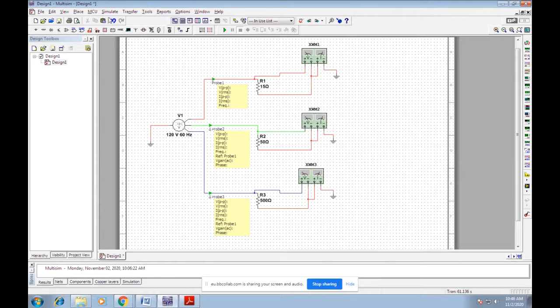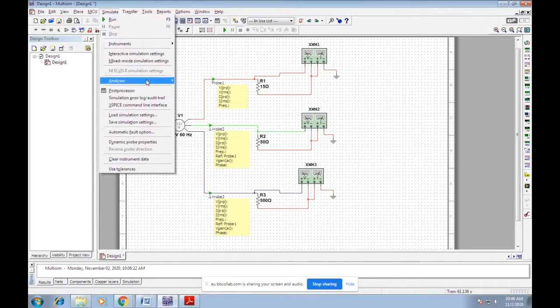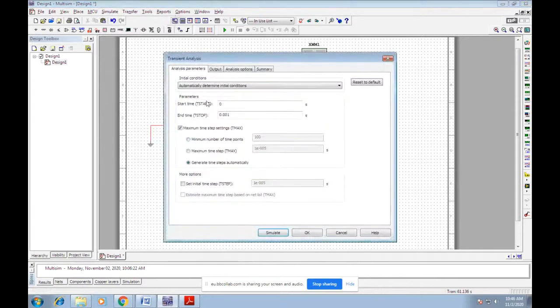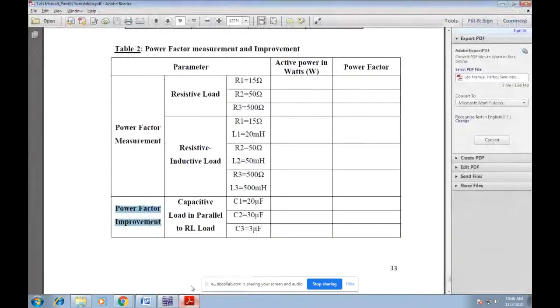Okay, so now from simulate, and from the analysis, select transient analysis. We are going for transient analysis. That is, we are analyzing the circuit with respect to time, how it changes with respect to time. Click this. It will ask you for some parameters that are available in the lab manual.